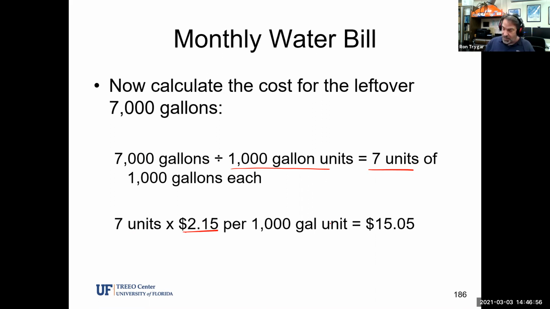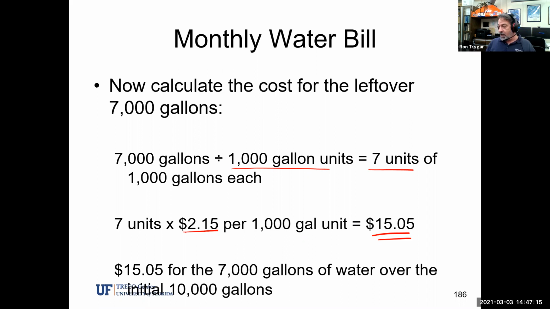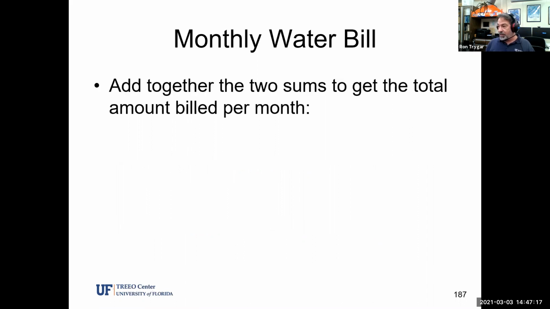So 7 times $2.15, I come up with $15.05. So the 7,000 gallons that was over the base number of 10,000 is going to be charged at $15.05. Now what we need to do is add the two sums together to get the total amount.